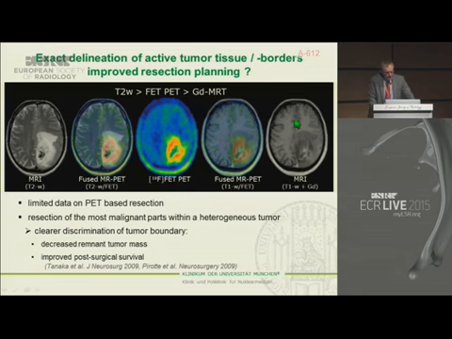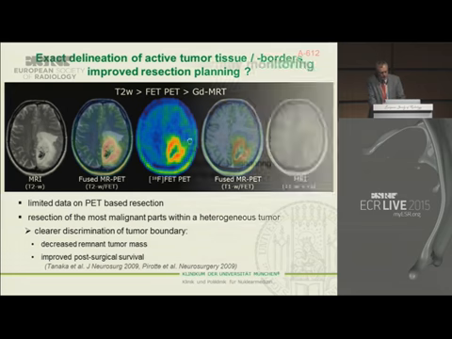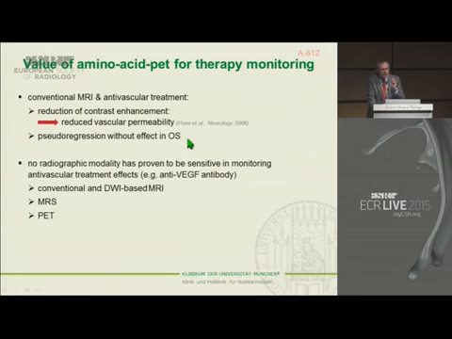Typically, it looks like this. You see in the T2 image a much larger abnormal zone. Here, the contrast enhancement is smaller, and the amino acid PET is just between the two, which indicates that this might be the closest to the real viable tissue.